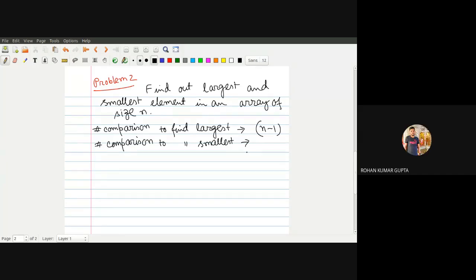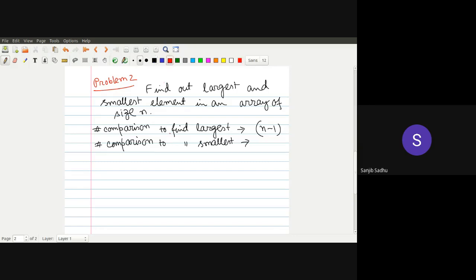Sir, we can combine both. While finding the largest element, we can store the smallest element in a variable and update it at the same time. But I am asking about the number of comparisons. Whenever you get the largest, you are sure that it will not be the smallest, so no need to compare with it.